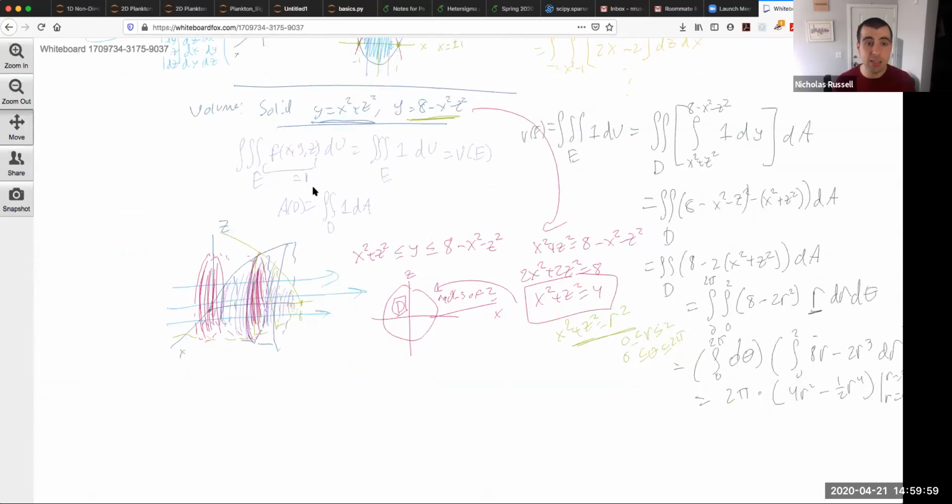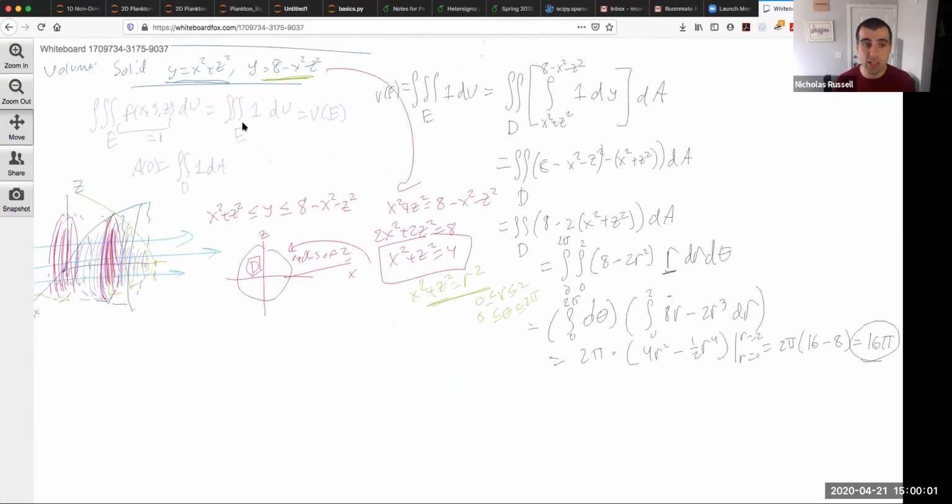And we did this in a very interesting way, right? What we said is, okay, I know the volume of E is equal to the integral of 1 dV. Now to figure out the limits of integration, I saw that it's a little bit easier than most to integrate out y first. Then I projected the surface onto the xz plane to integrate after I integrated out with respect to y. To do this, I defined what this object is.